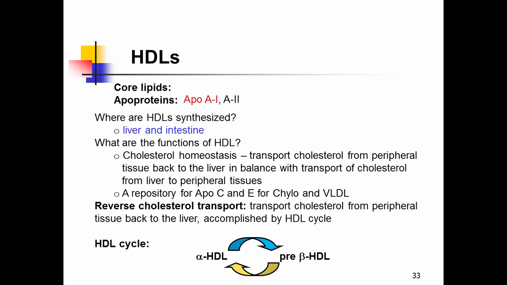Today we are still going to talk about lipoproteins, and we've already finished the chylomicron and VLDL metabolism, and also LDL. We know that chylomicron and VLDL are primarily triglyceride-rich lipoproteins.